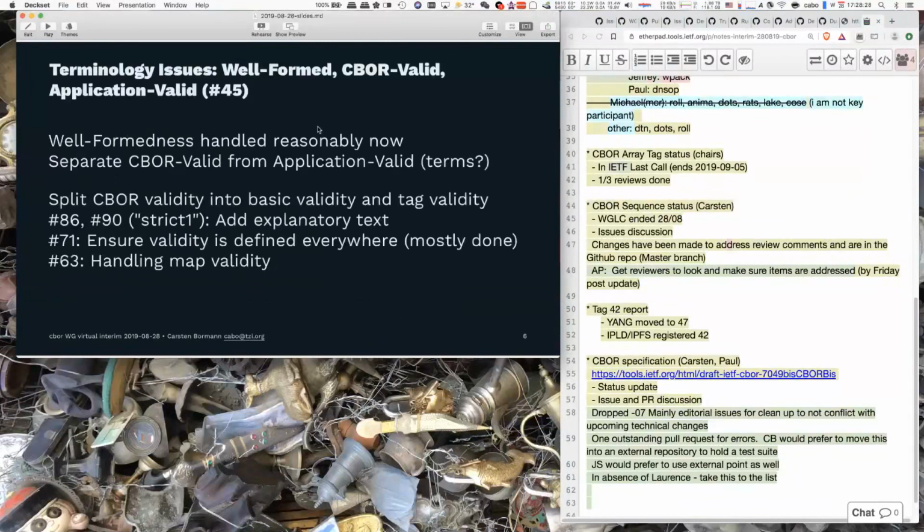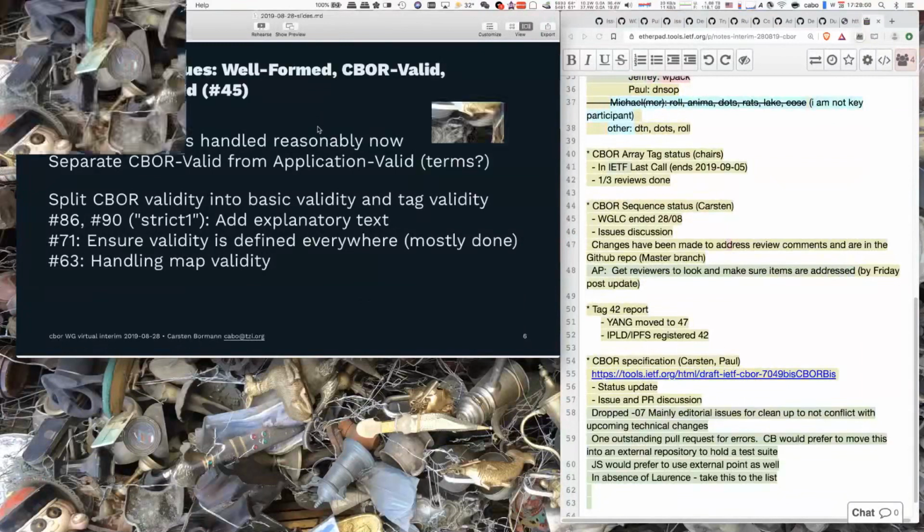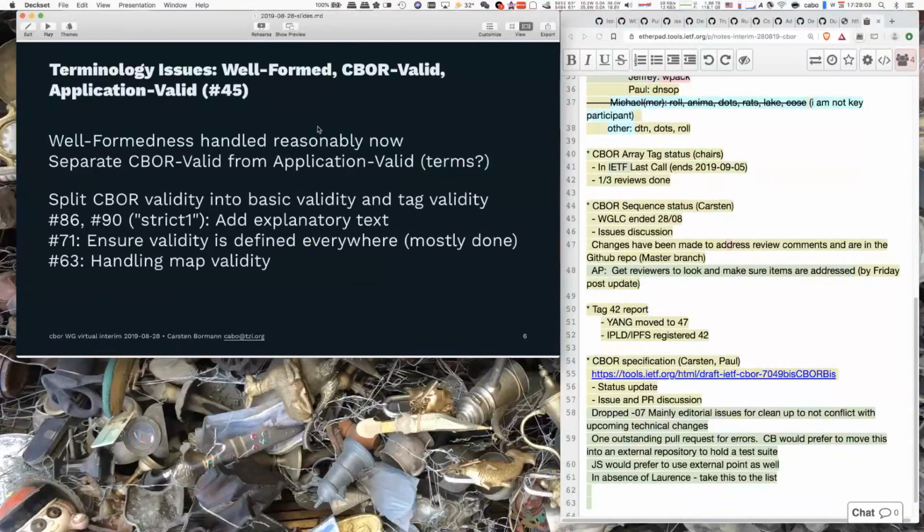So the next terminology issue that I think we need to fix is the well-formed versus valid situation. I think we have a pretty good handle on the well-formedness issue. I haven't done a full reread yet on that issue, but I think we're pretty much done with that. What we haven't really done very well is talk about validity and how this is both a CBOR concept and an application concept.